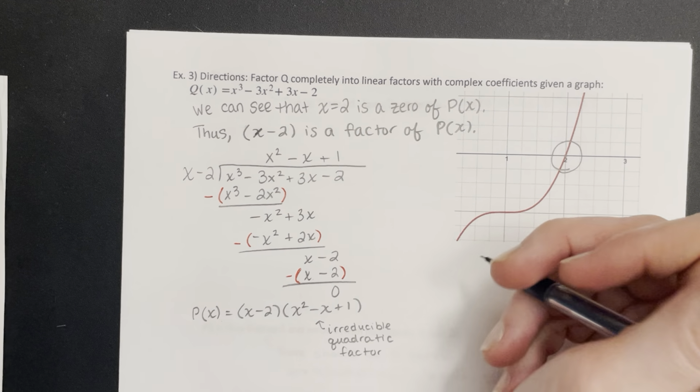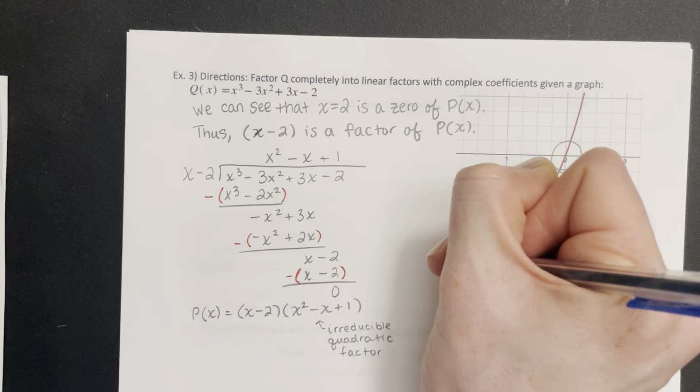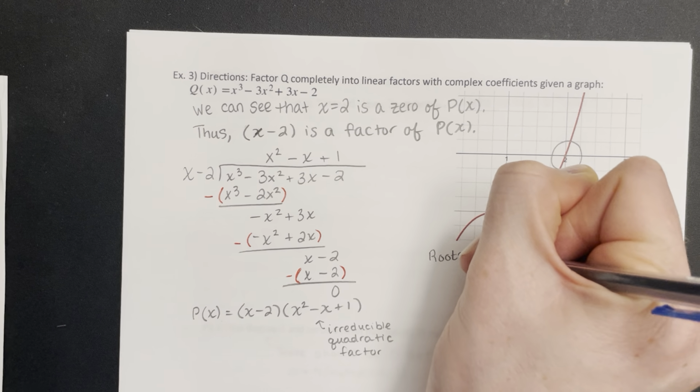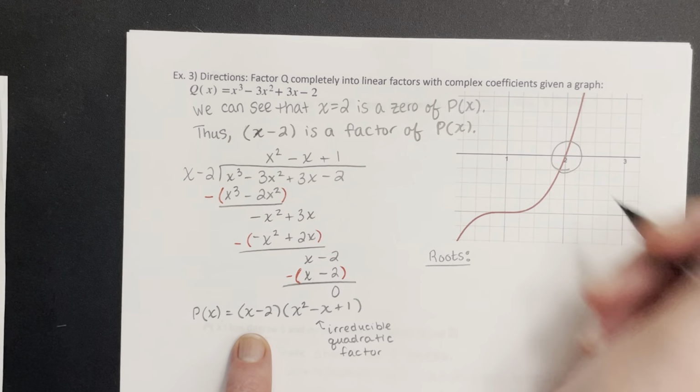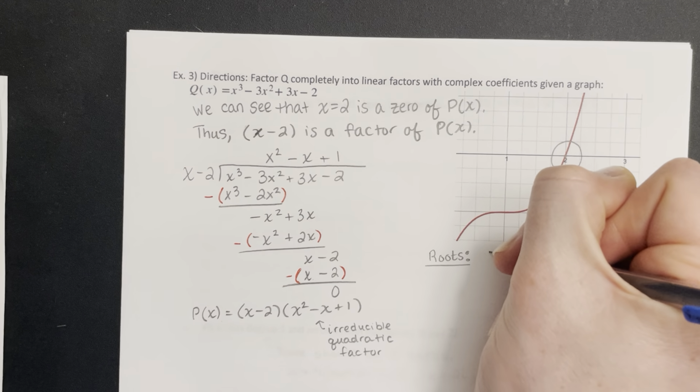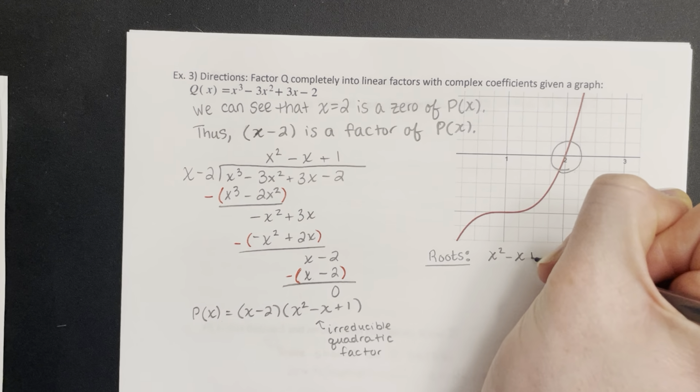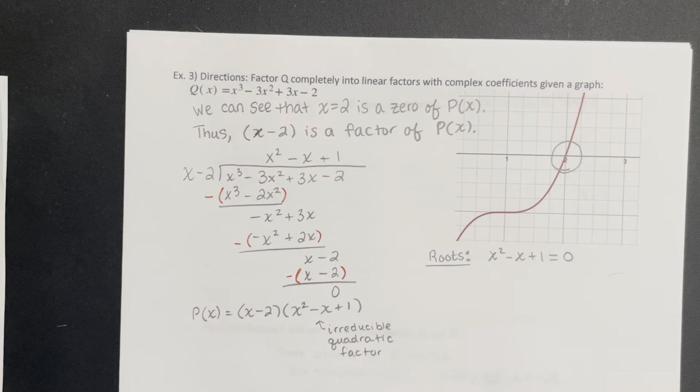So we need to take this and find the roots. One of them we already know is going to be at 2. We were given that one. The other is coming from that irreducible quadratic factor. We're going to need to use the quadratic formula.